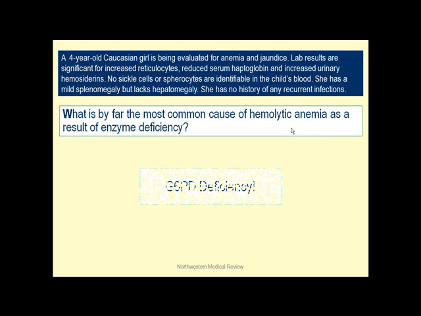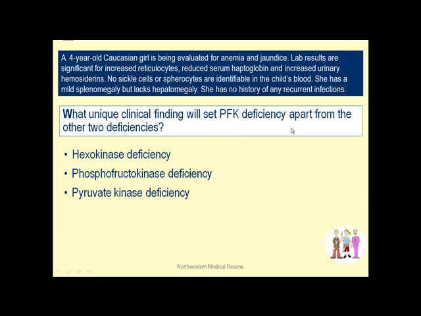Well, the answer is glucose 6-phosphate dehydrogenase deficiency. X-linked condition, more common, at least in the USA, among the Afro-Americans. What unique clinical finding will set phosphofructokinase deficiency apart from the other two glycolytic deficiencies?